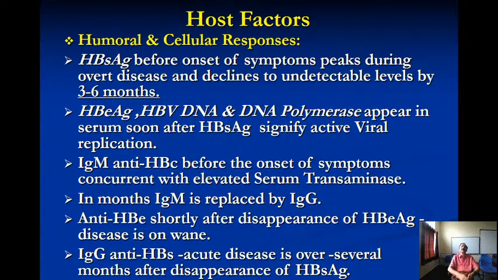The humoral and cellular response: the surface antigen comes in before onset of symptoms, peaks during the overt disease and declines to undetectable levels after 3 to 6 months. The E antigen, the HBV DNA and the DNA polymerase tests can be seen in the serum, and when present they show viral replication.